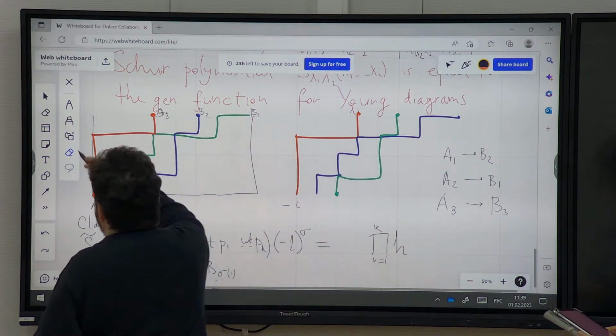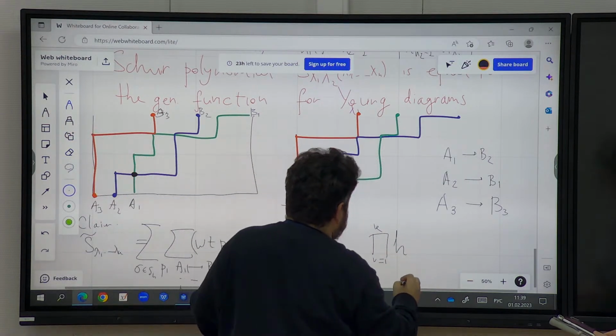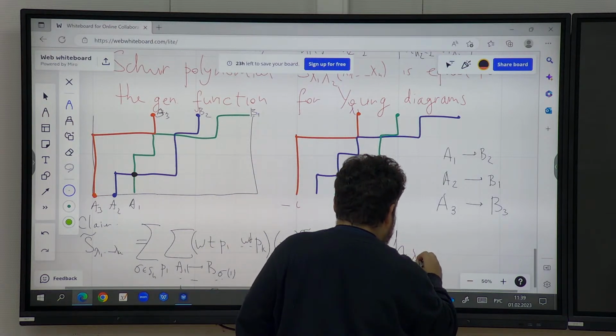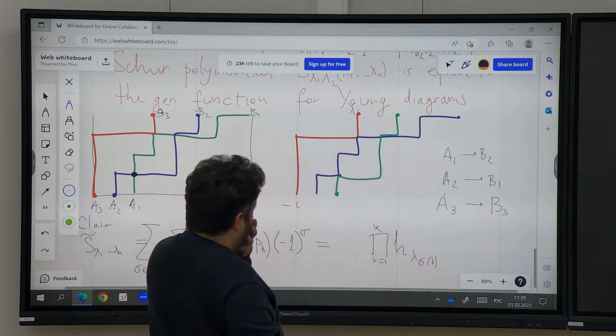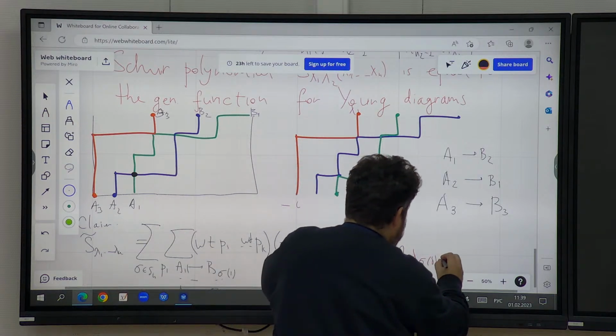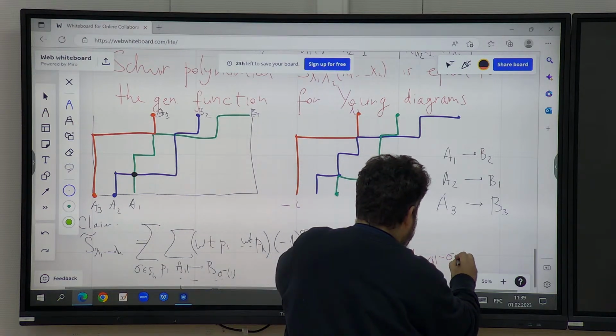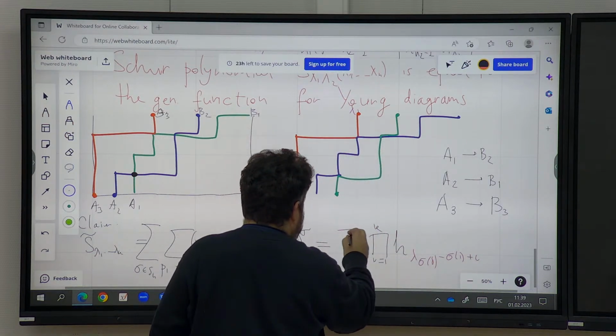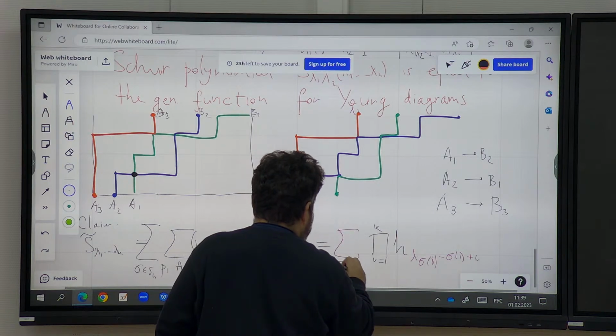Okay, so let's say that it's lambda of sigma i, minus sigma of i plus i. And this is the sum over all permutations.